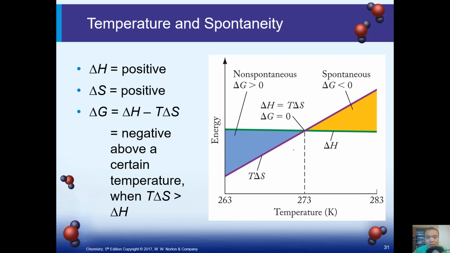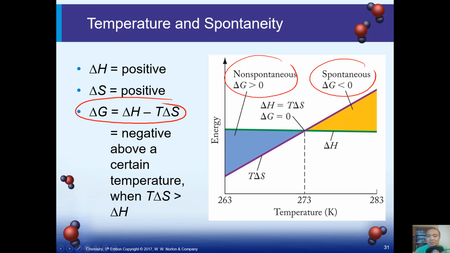We have already learned for a spontaneous process, delta G is smaller than 0. And for a non-spontaneous process, delta G is greater than 0. Since delta G equals delta H minus T times delta S, we must examine both the enthalpy and entropy changes associated with the process at a given temperature to determine the spontaneity.